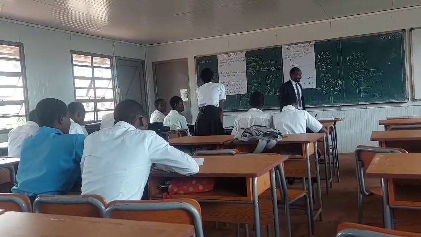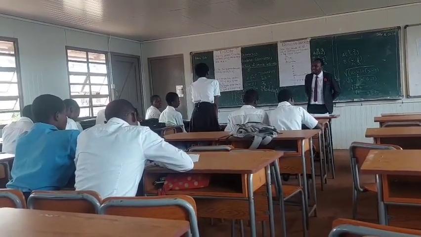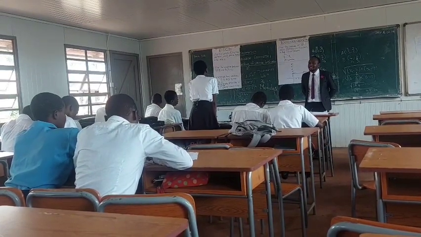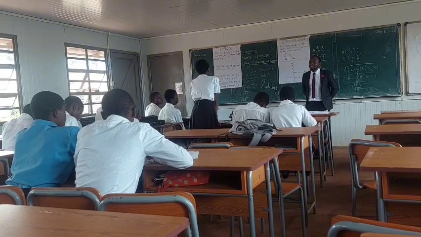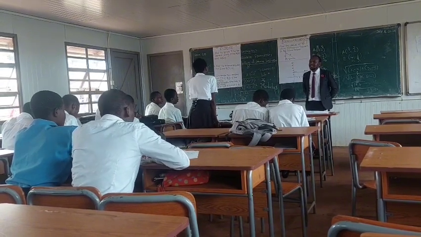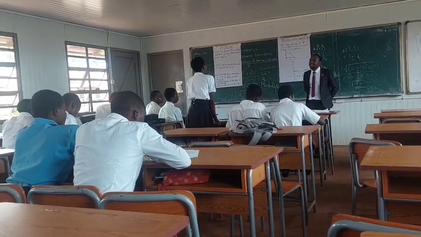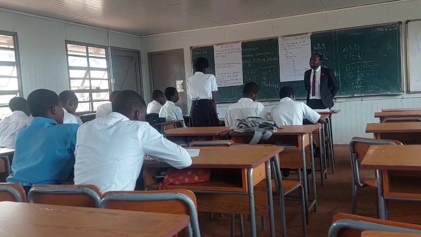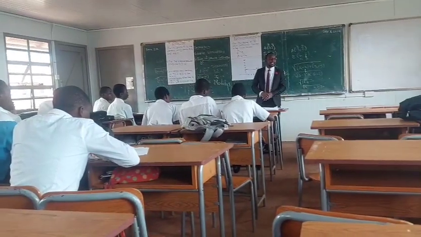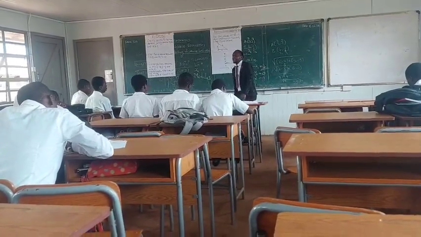Square of open bracket x2 minus x1 close bracket, plus open bracket y2 minus y1 close bracket squared. Is she correct? Yes. Thank you so much, give her a hand.